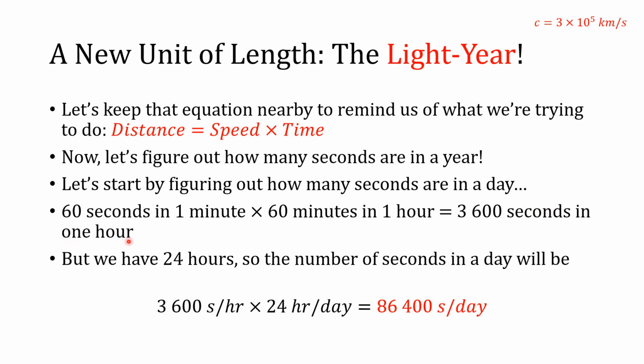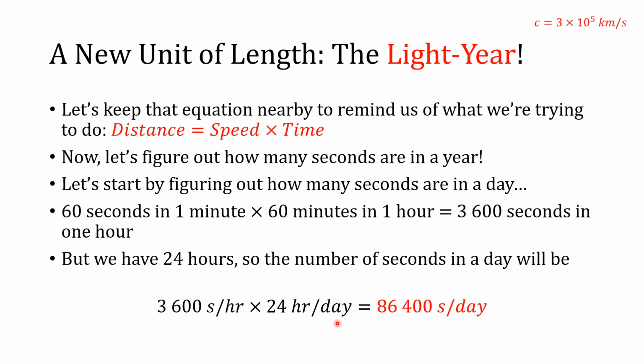Cool. But again, we want how many seconds there are in a day. So we just have to look at, okay, we've got the number of seconds in an hour, and we know that there are 24 hours in a day. So the number of seconds will just be however many seconds you have per hour, each hour, right? Seconds per hour. So this is how many seconds we have in an hour, and this is how many hours we have in a day.